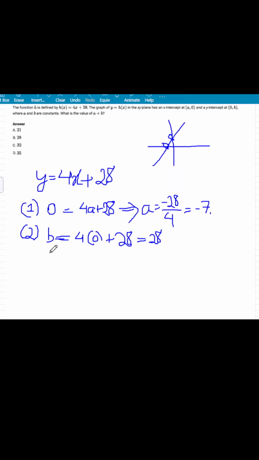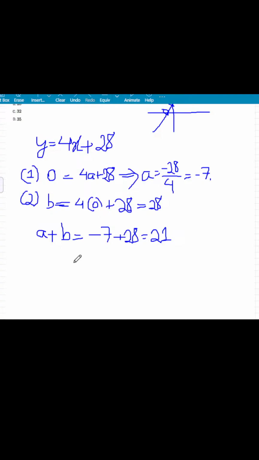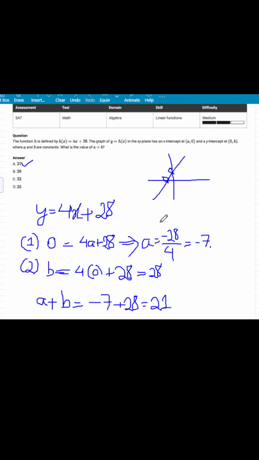We have to find a plus b. a plus b is equal to minus 7 plus 28, which is 21. So 21 is the correct answer, that is option A, 21. So A is the correct answer. You can have a look at the solution for some time, and then we'll go to the next question.